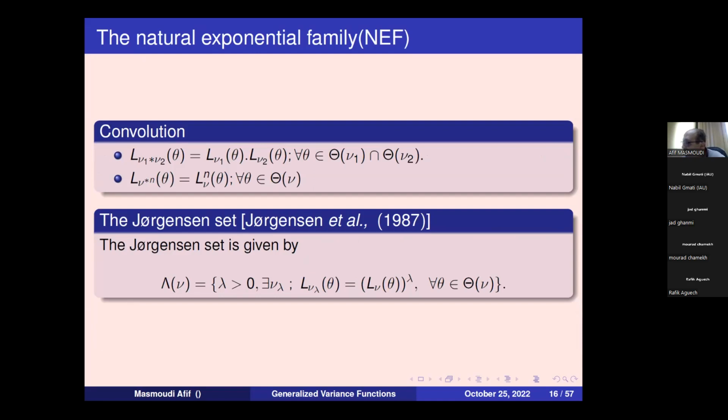Now, the third part is about the exponential dispersion model. So we recall the convolution product of two measures. The Laplace transform of the convolution product is the product of Laplace transforms. The Laplace transform of the n-fold convolution product is L nu theta to the power n.